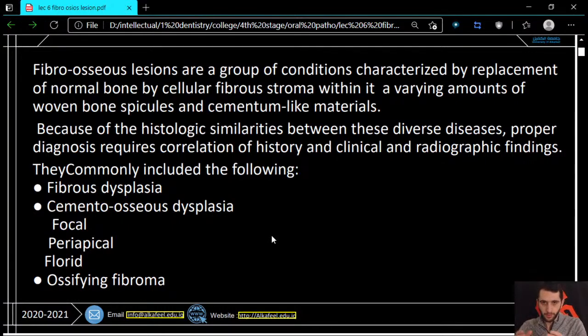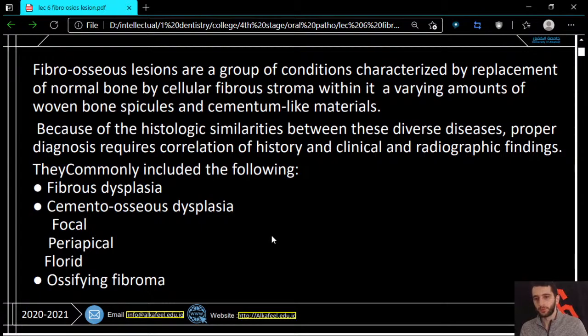Go ahead and present this. Stroma replacing the normal bone is called a fibrous stroma, with a varying amount of woven bone. And there are histologic similarities between these diseases.